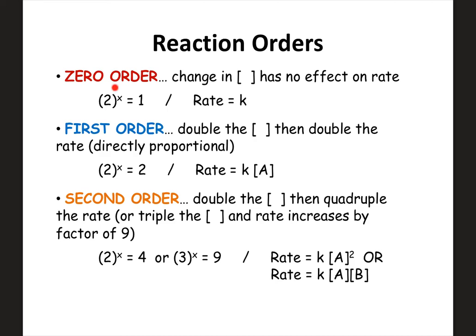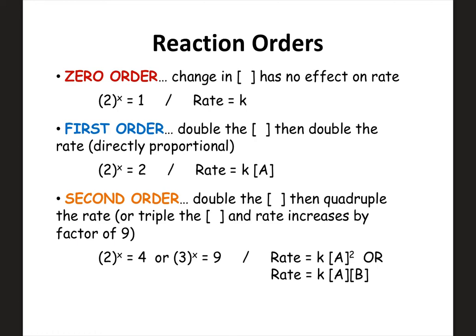So for example, if you got math like this, essentially you doubled the concentration, all right, but then the rate stayed exactly the same. It didn't change. When you solve for your exponent here, it would be zero. Essentially, that reactant is zero order. Changing the concentration of that reactant has no impact on the rate.